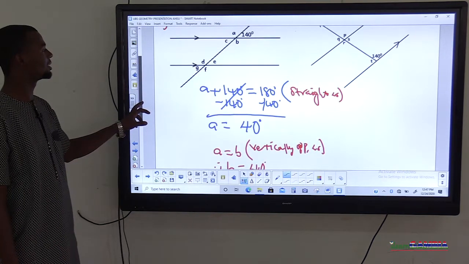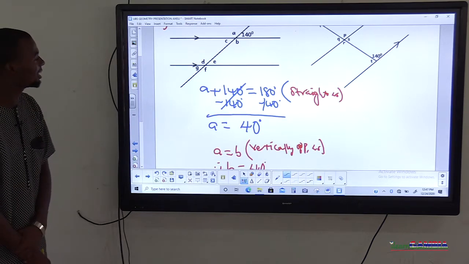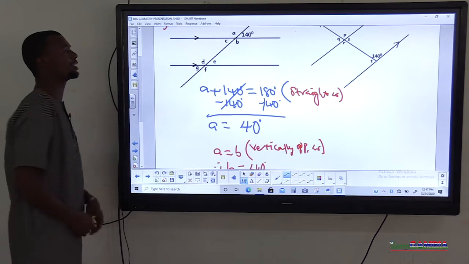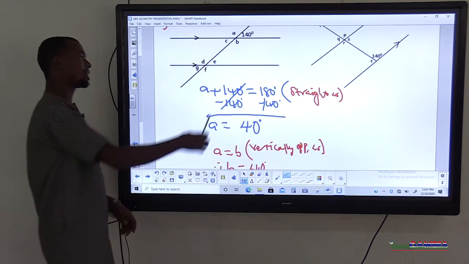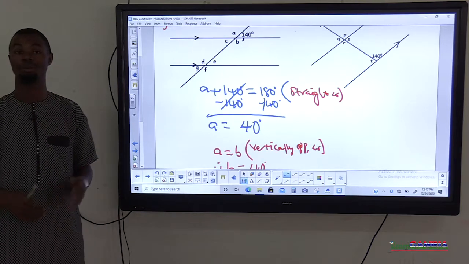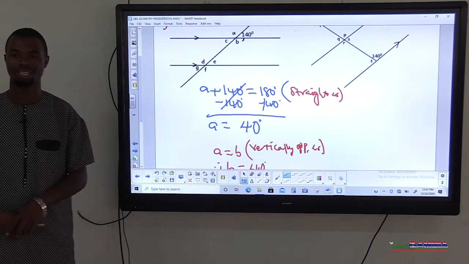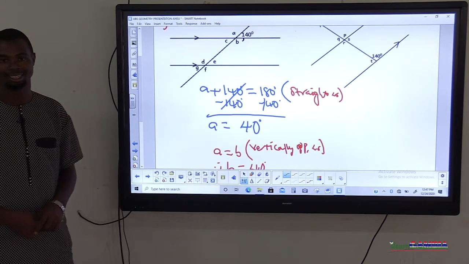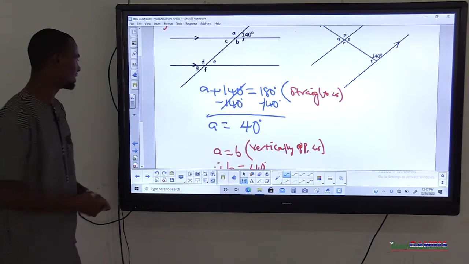We look at letter D. D is an interior angle. We compare it with B. B is also an interior angle, on the opposite side of the transversal, non-adjacent. What type of angles are they? They are alternate interior angles.